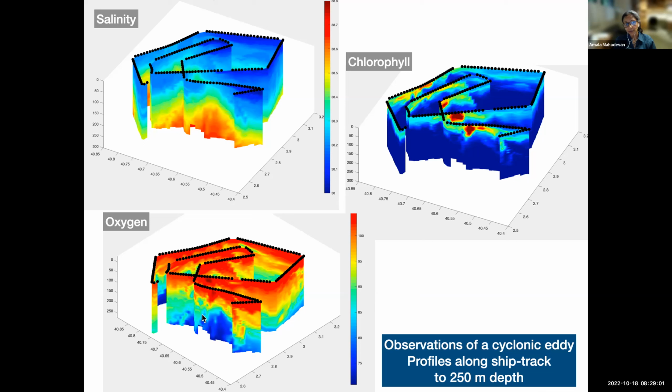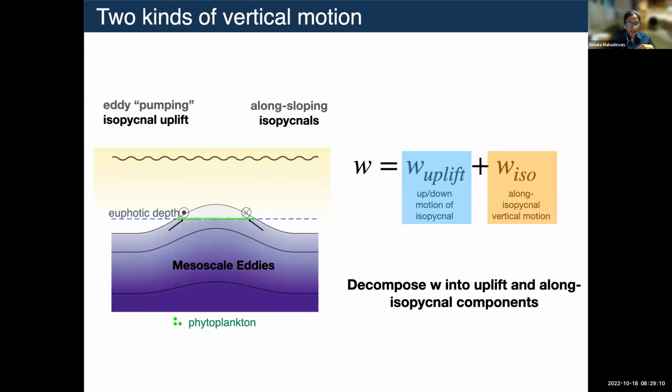So the horizontal flow field is much larger than the vertical flow field. Okay, we're nearly at the half-hour mark, so I'm going to maybe cut some of my slides, but let me talk about these two kinds of vertical motion.